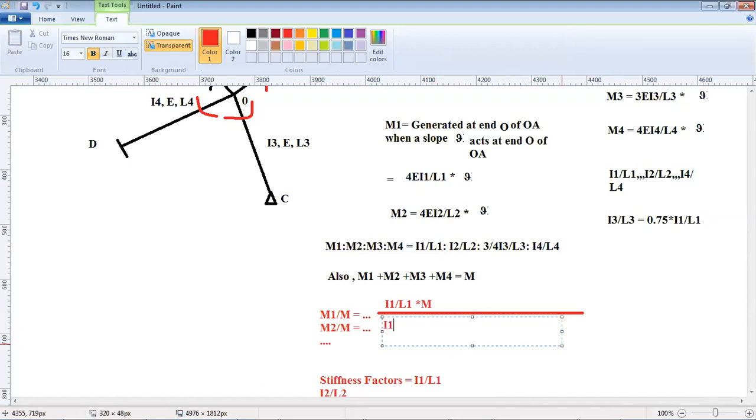It will be I1 by L1 plus I2 by L2 plus I3 by L3 plus I4 by L4.